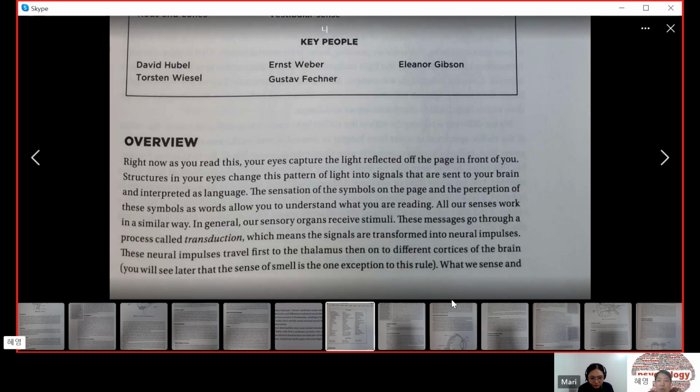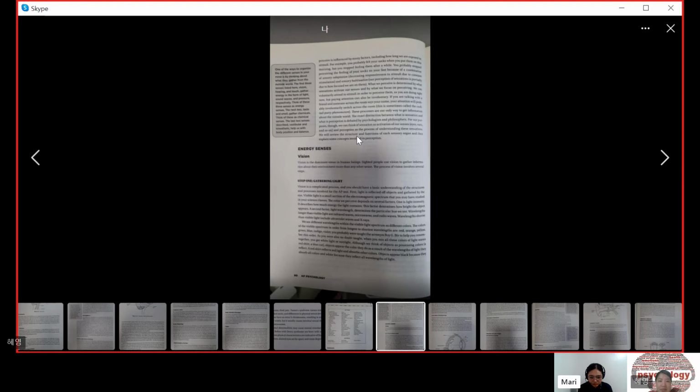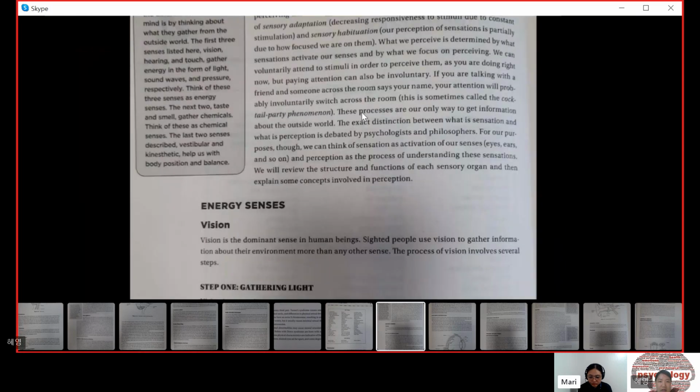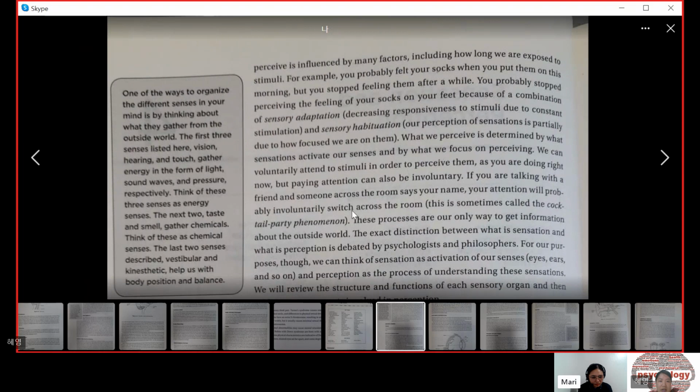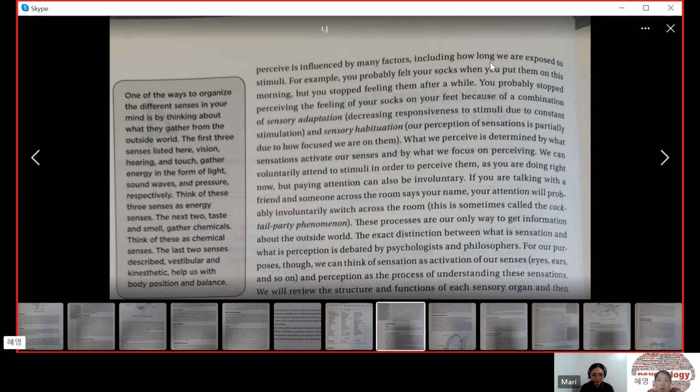So what we sense and perceive is influenced by many factors, including how long we are exposed to stimuli.